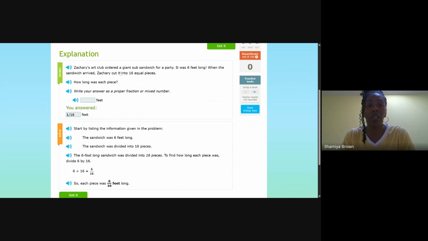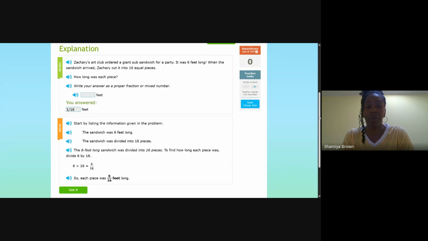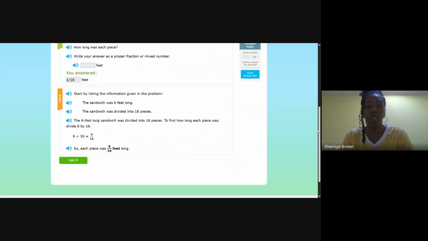Zachary's art club ordered a giant sub sandwich for a party that was 6 feet long. When the sandwich arrived, cut it into 16 equal pieces. How long was each piece? Start by listing the information given in the problem. The sandwich was 6 feet long, so the sandwich was divided into 16 pieces. The 6-foot sandwich was divided into 16 pieces.